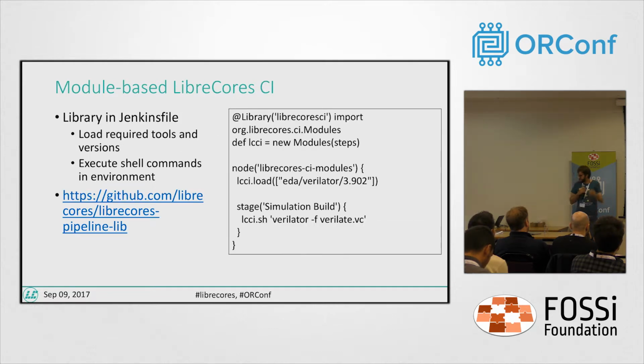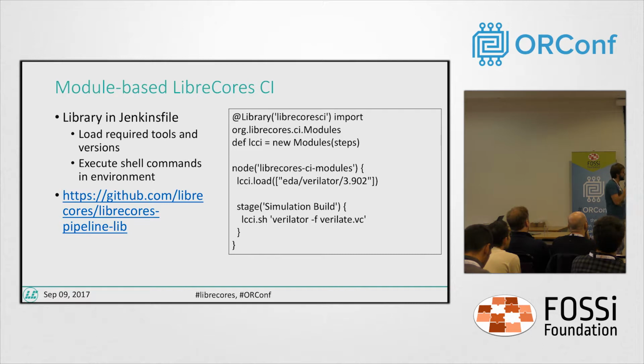And what I did then is a module-based LibreCourse CI declaration in the Jenkinsfile. So we have our own library which is based on those modules, and you just import it in the beginning, and after that you can execute shell commands in the environment that you created. So you do your node definition, and you just say, okay, I need to load this one, and this is just a list of the tools in the version that you need, right?